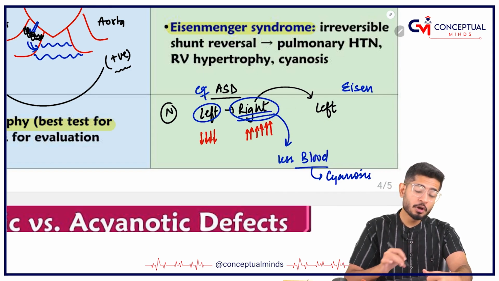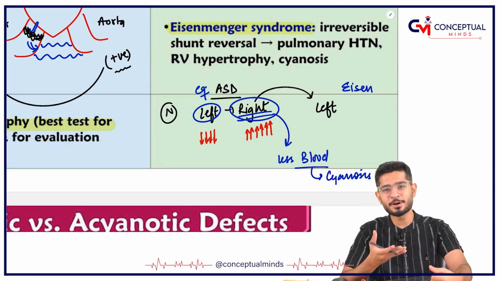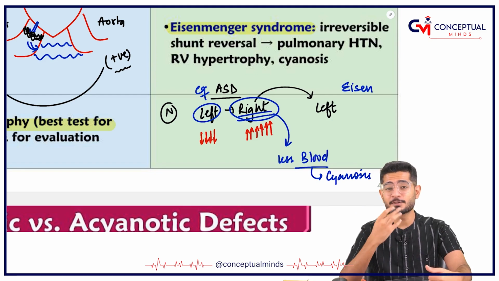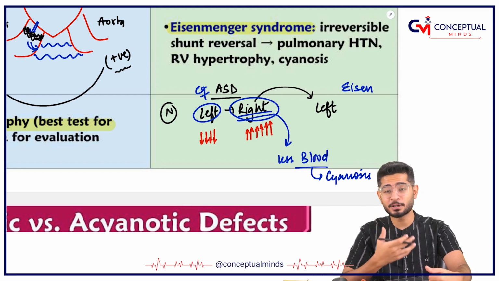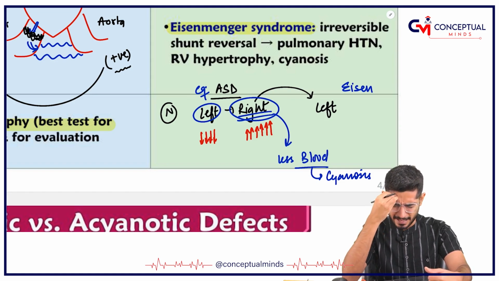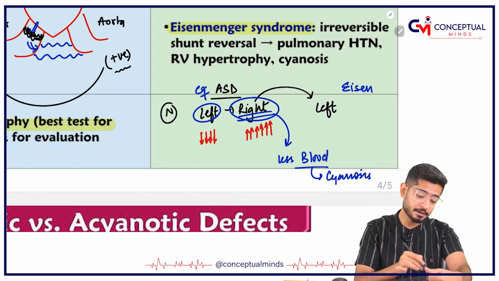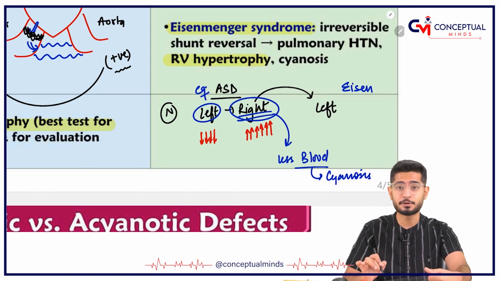So the heart thinks it is not able to pump blood to the pulmonary circulation. Are you getting it? The blood is not there on the right side, but the heart thinks, oh my god, I am not able to pump enough blood. So the right side of the heart starts pumping harder, so that even if less blood is there, it reaches the lungs. That's why the right ventricle will show hypertrophy.